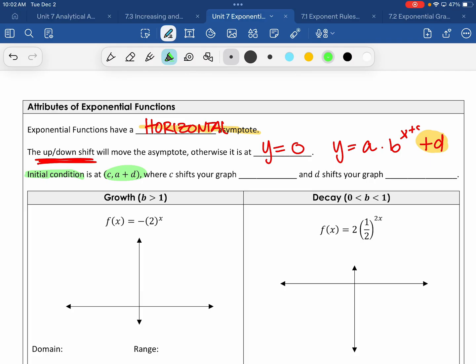The y value, which is a little bit more complicated, is going to get stretched or compressed by your a value, which is the very front number, the initial number there. And it's going to get the up-down shift as well. Both of those are going to affect the y value of your initial condition.